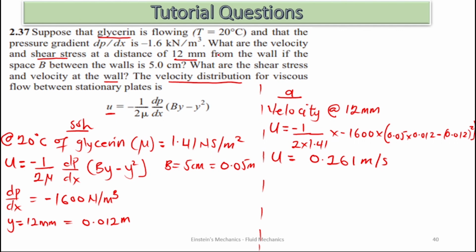Here we go. So can we find the shear, because it is asked what is the velocity and shear, and we know that our shear is mu du on dy. We already have our mu since we know the fluid involved and the temperature; we read it from tables. But do we know du dy? No. So we have to differentiate this u with respect to y, then input the values again to get the du dy.